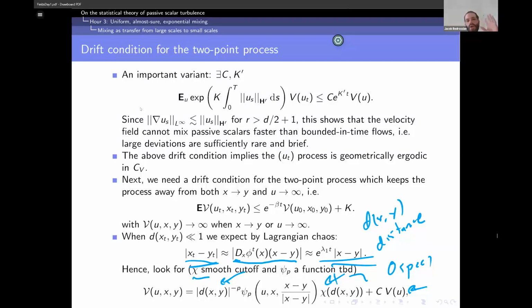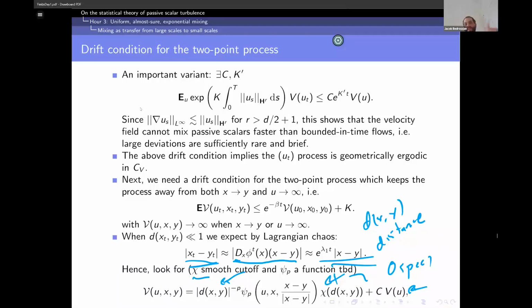Now, why do we even need psi p? What is it for? The reason it's there is that, remember, the gradient of phi is actually a matrix. So it isn't just about whether or not it grows. There's also a growing direction and a contracting direction, and you need to know how x and y will align.